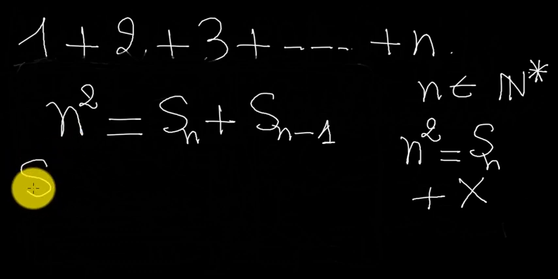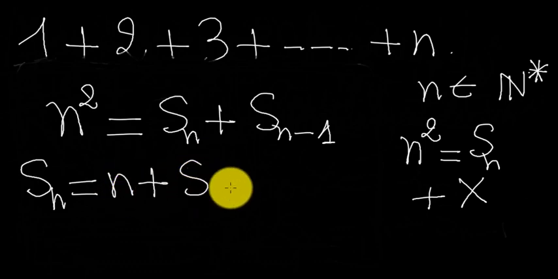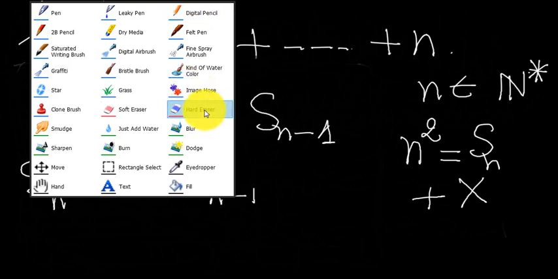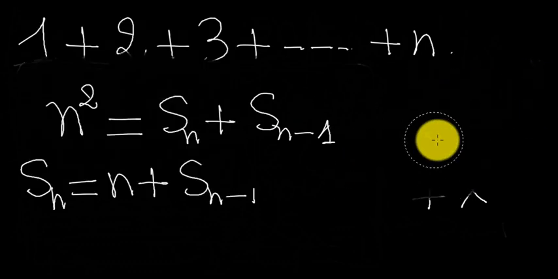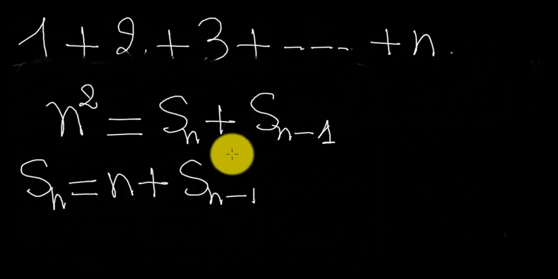So there is also a relationship between Sn and Sn minus 1, as we are just summing 1 until n. So Sn is nothing but n plus the Sn minus 1. So now let me free just some space on the right.